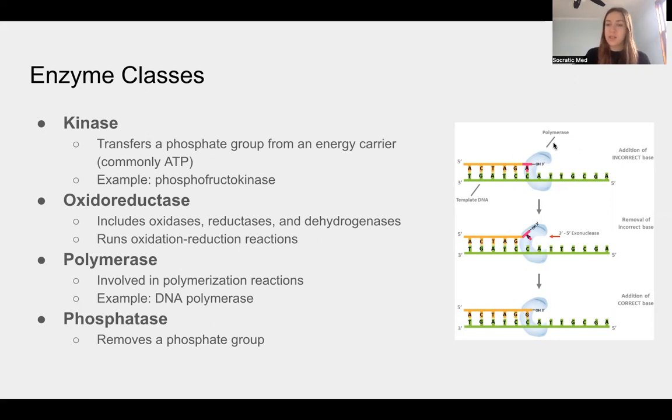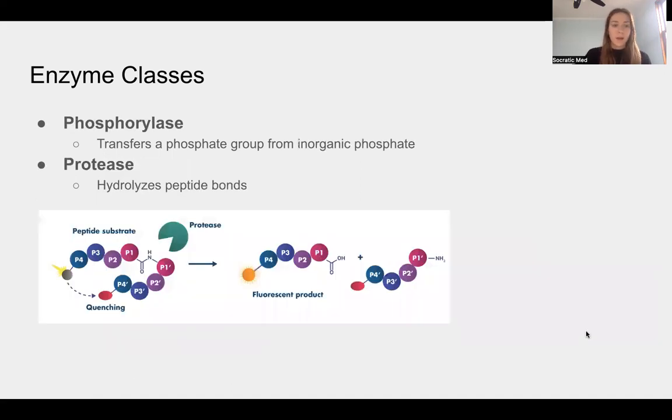So this polymerase is just adding these bases. And then a phosphatase will remove a phosphate group. Phosphorylase will transfer a phosphate group from an inorganic phosphate, and then protease, these hydrolyze peptide bonds. So protease actually also can be in the class of hydrolase.